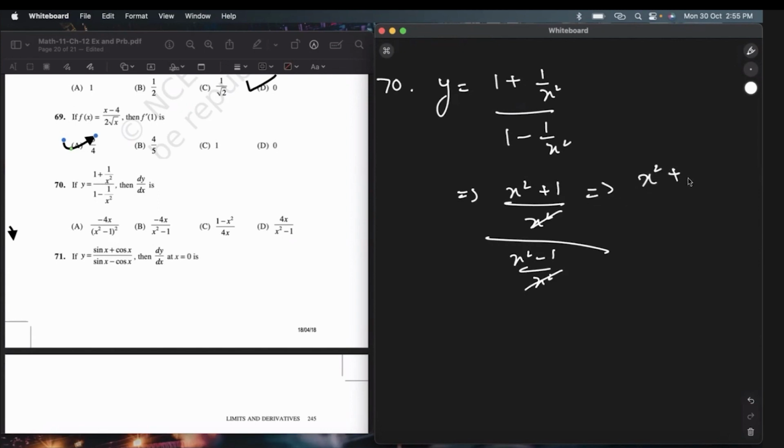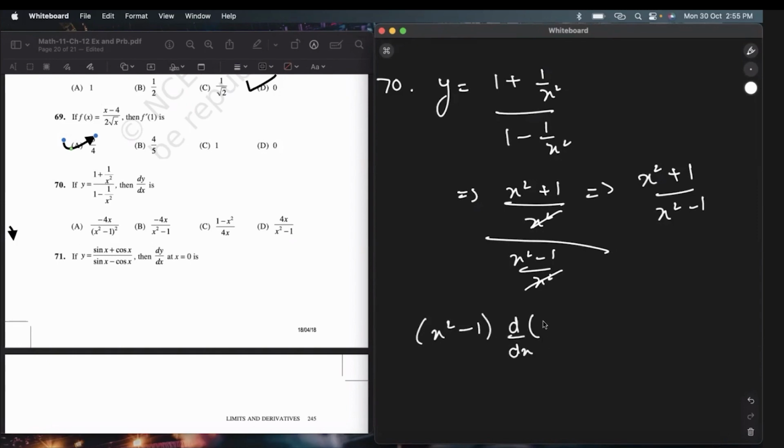So I have a value of this. Now what I can do is, no need to simplify it further. Just put the formula for that division rule and I'll get it.